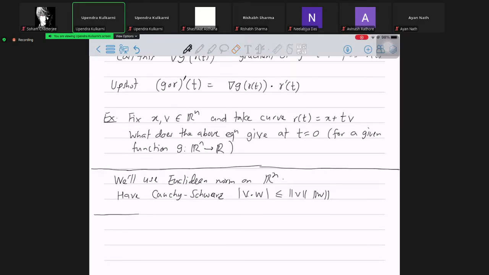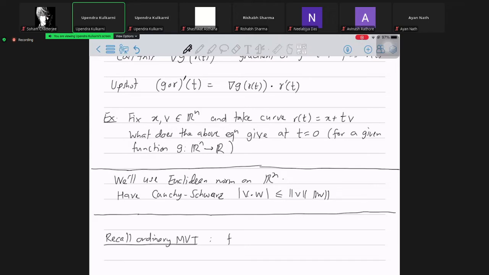So what does the ordinary mean value theorem say? Let's recall. What is the situation? You must have done it hundreds of times, maybe even literally.